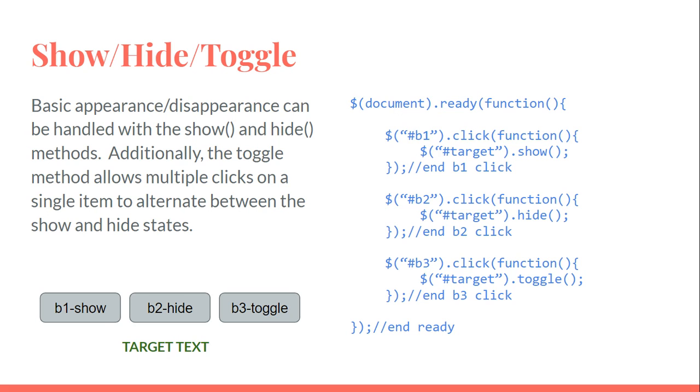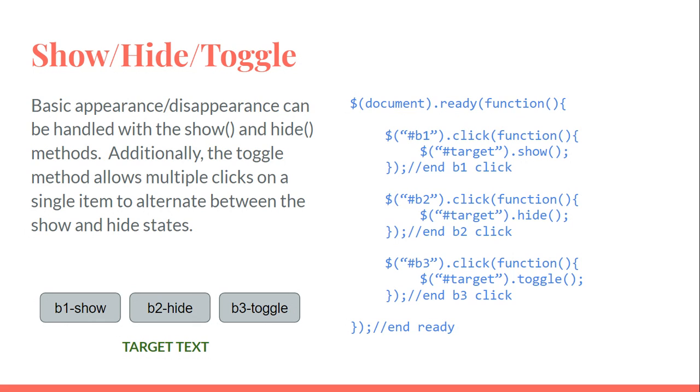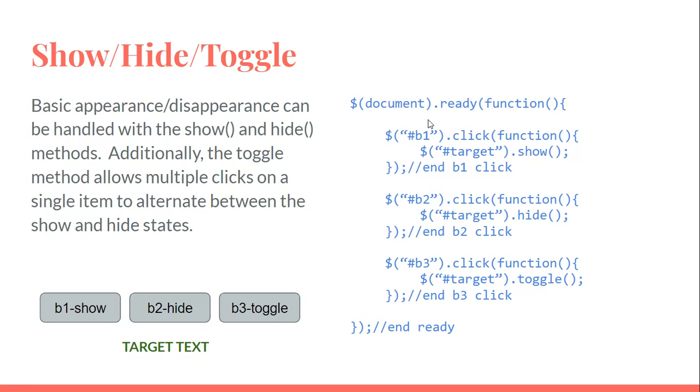If I want this target text to be hidden, I'm much better off starting it with a display of none in the CSS, because that CSS loads before the content, so it will never show, it won't flash. So if you want to hide something from the beginning, I don't recommend hiding at the beginning using document.ready and jQuery. I recommend using CSS so that we avoid that flash.